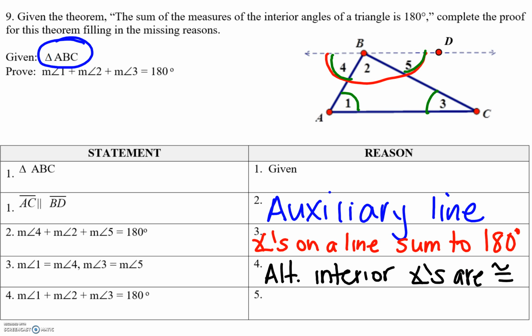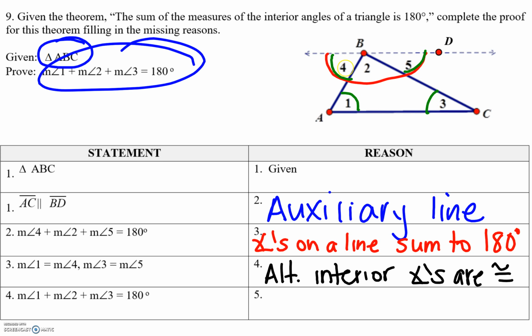And the last step is what we were trying to prove. The measure of angle 1 plus the measure of angle 2 plus the measure of angle 3 is 180 degrees. So let's look at our picture. We said that 4, 2, and 5 is 180, those straight lines. And we said 1 is congruent to 4, 5 is congruent to 3.